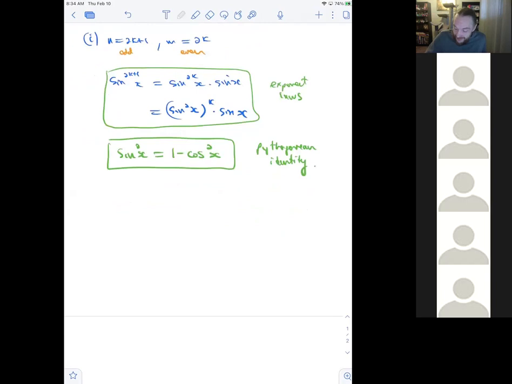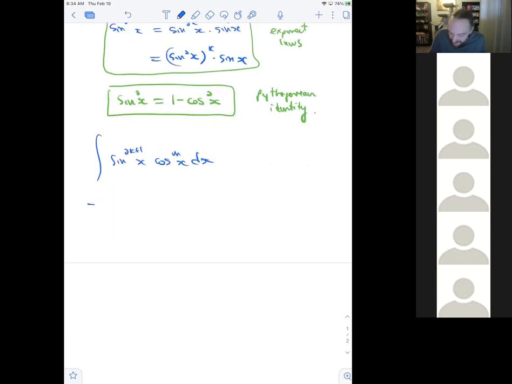So under that, guys, we have the integral of sine 2k plus 1 x times cos mx dx. It actually doesn't really matter what the m is, but we're assuming it's even. But if one of them is odd, we immediately steal one of the sines and get it ready for the Pythagorean identity.